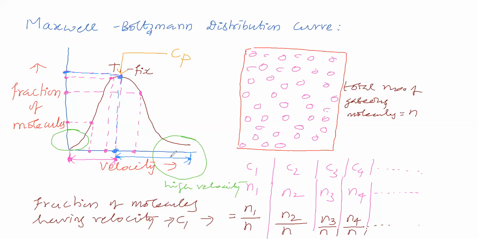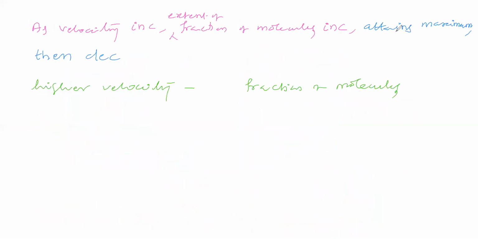Shall we say lower value, higher value, or maximum? Okay, you are saying lower value. So higher velocity is possessed by a lower fraction of molecules.